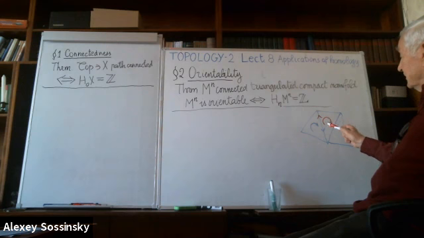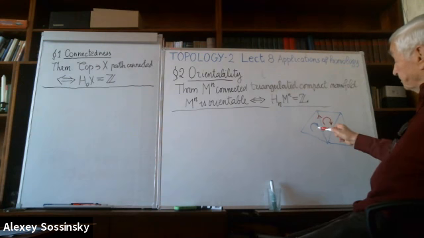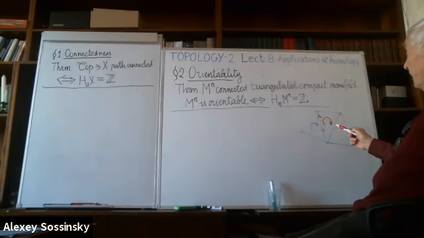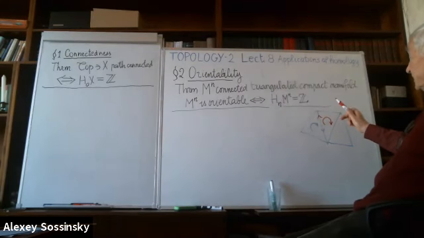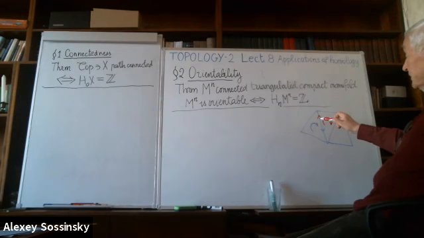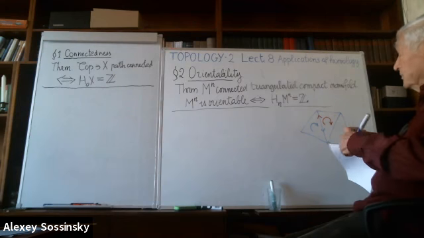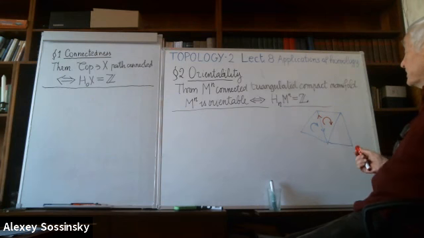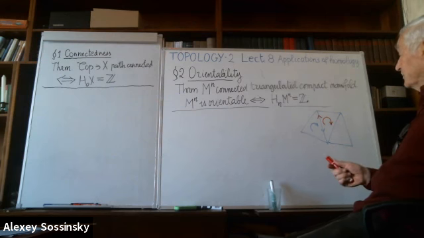So this orientation, this is the orientation of this simplex. It induces this orientation on the common face, and this orientation of this simplex induces the opposite orientation. So if we can orient all the simplices in such a way that we have this condition, then Mn is orientable.